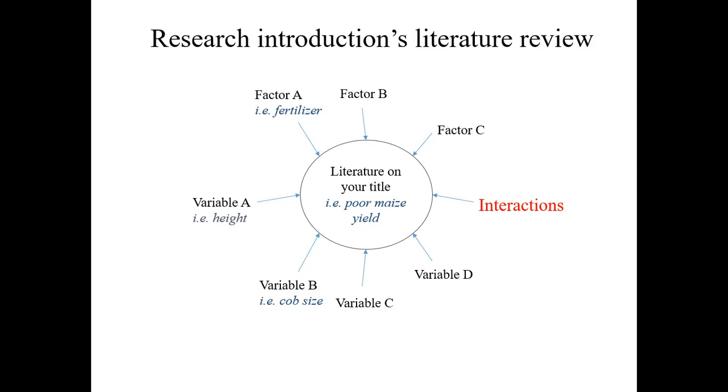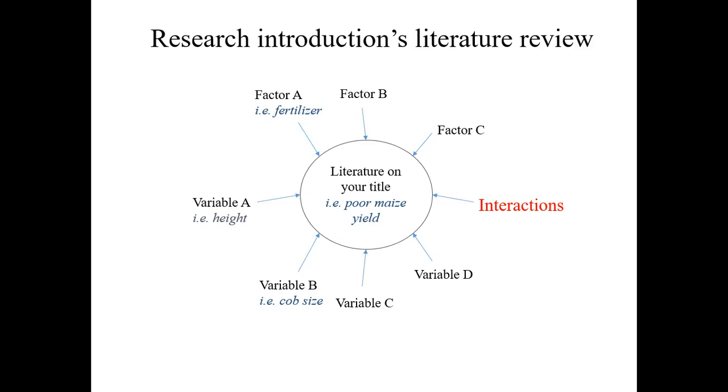So when you are writing a literature review section in the introduction, you don't write a full literature review, but sort of short paragraphs. In this case, you will be writing exactly about the effect of fertilizer on maize, the effect of factor B on maize, and the effect of factor C on maize.